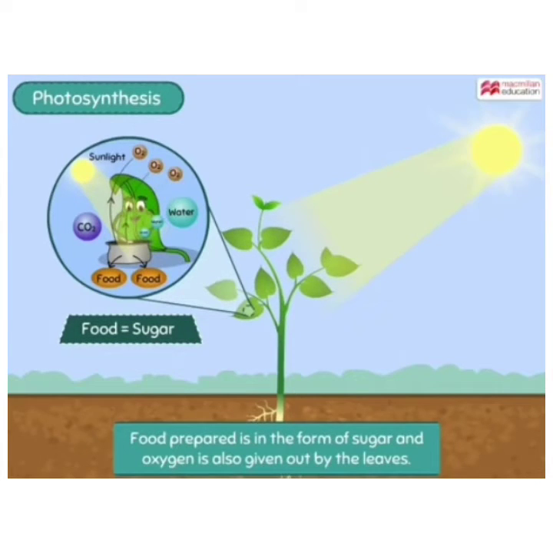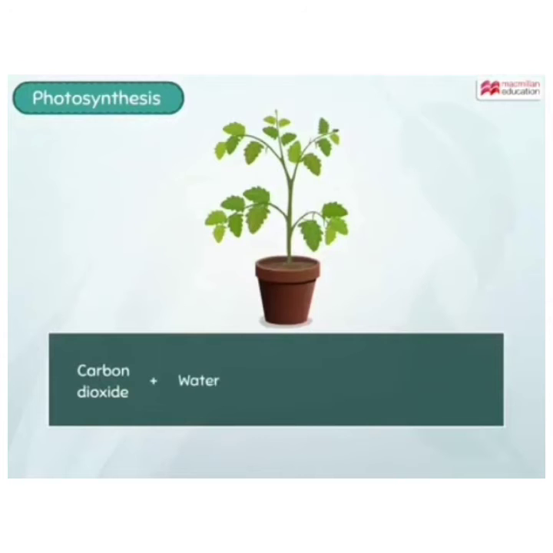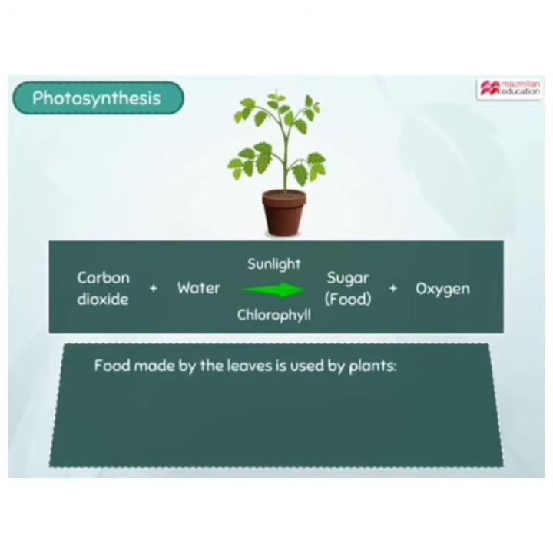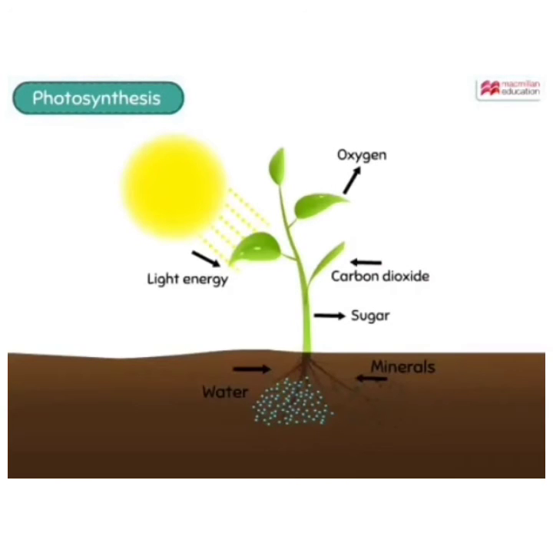The food prepared is in the form of sugar and oxygen is also given out by the leaves. Thus, the process of photosynthesis in the leaves can be summarized as shown. Food made by the leaves is used by plants for growth, to repair damaged plant parts, and to obtain energy.